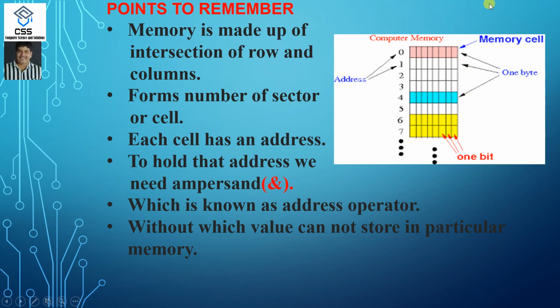Thousands of memory cells will be there where the values will be stored as 1 and 0, because the computer we are using is a binary computer, and each cell has a particular address, maybe 0 1 2 3, like crores of values can be stored in crores of memory areas. Hence memory is made up of the intersection of rows and columns, forming a number of sectors or cells. Each cell has an address.